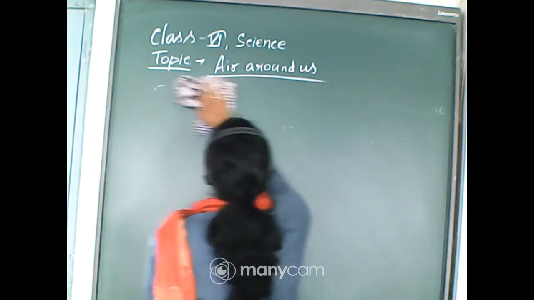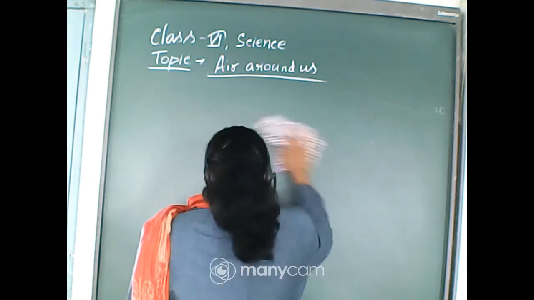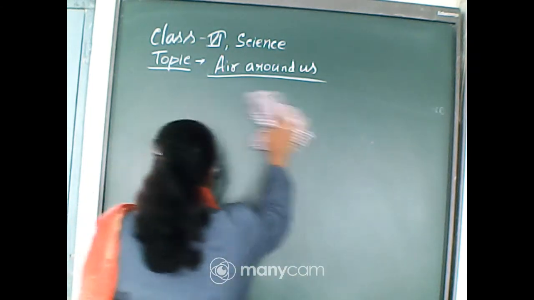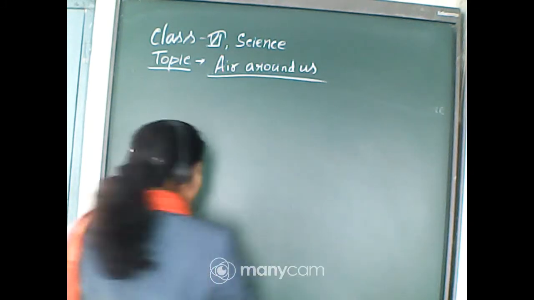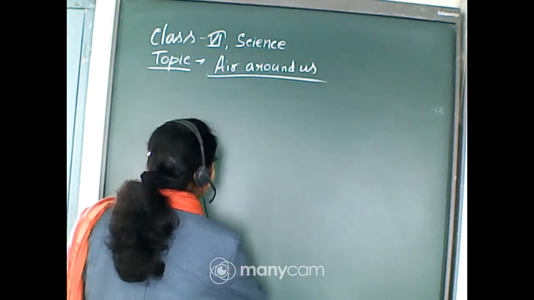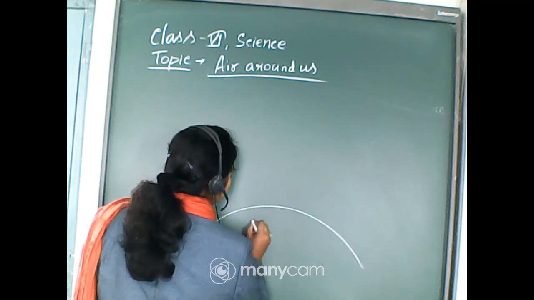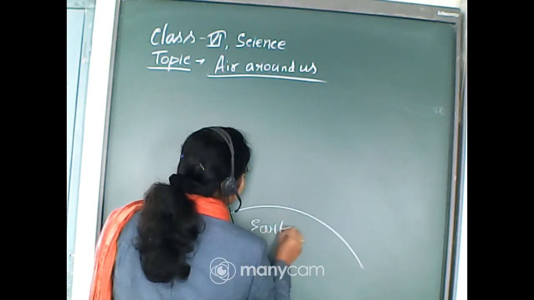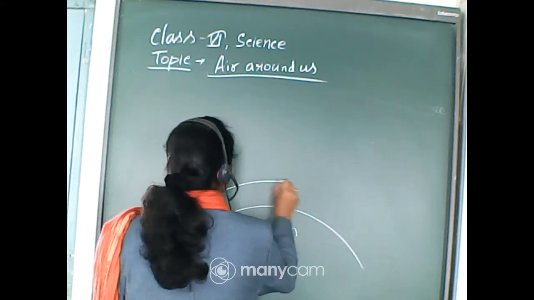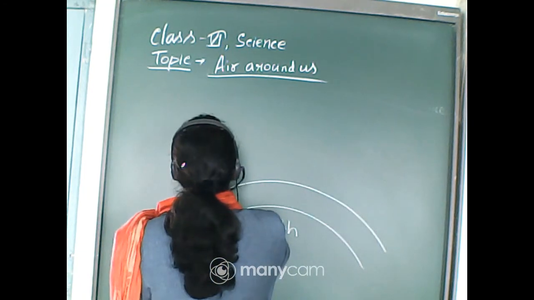What is atmosphere? Atmosphere is the thin blanket of air that surrounds the surface of the earth. Mainly, the atmosphere is divided into 5 distinct layers on the basis of the variation in temperature. If this is the earth surface, then there are 5 layers of atmosphere.